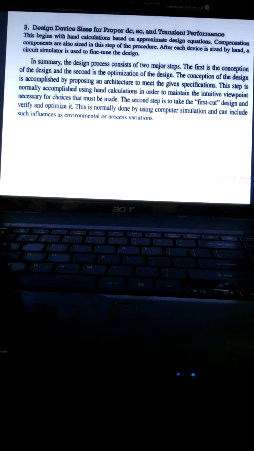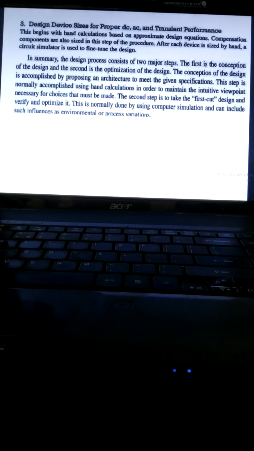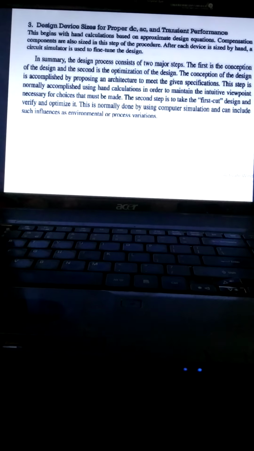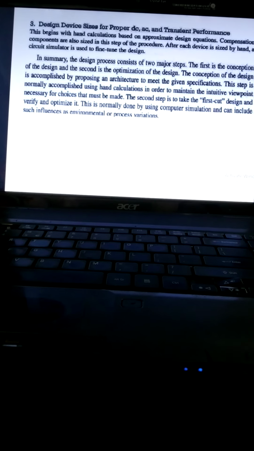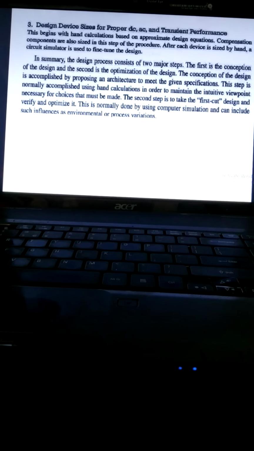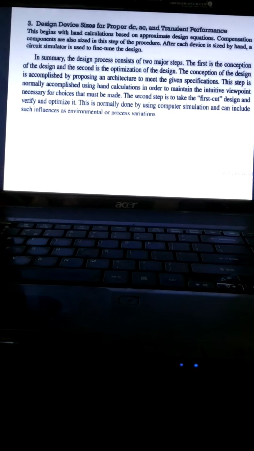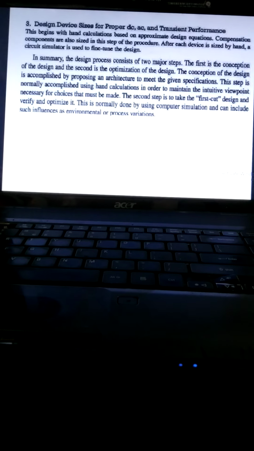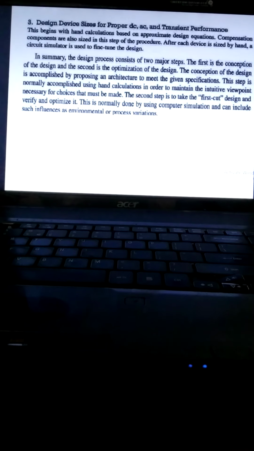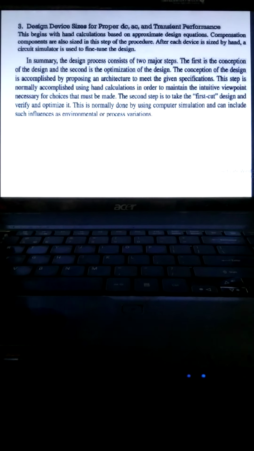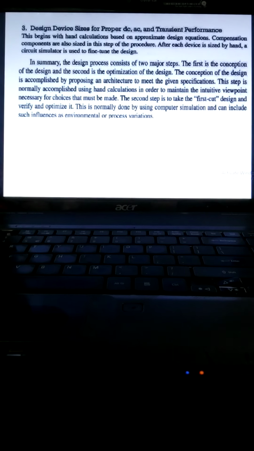So if we summarize the design process, it consists basically of two major steps. The first is conception of the design, and the second is optimization of the design. The conception of the design is accomplished by proposing an architecture to meet the given specification, and this stage is normally done using hand calculation in order to maintain the viewpoint.